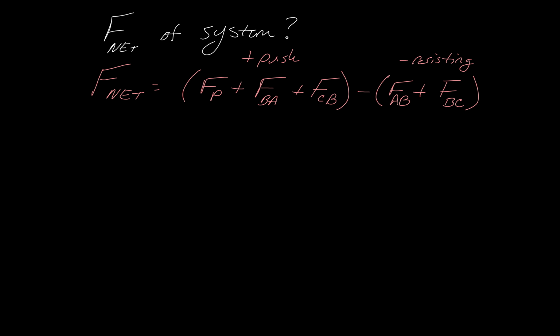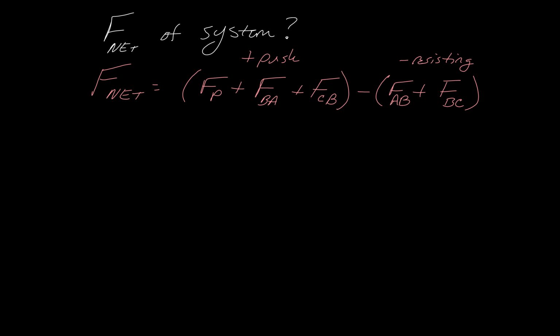Okay, so our net force equation is all the pushes minus all the resisting forces. So we're considering the pushing force on the left, plus the force on B due to A, plus the force on C due to B, and then the ones that are pointing backward are the force on A due to B and the force on B due to C.